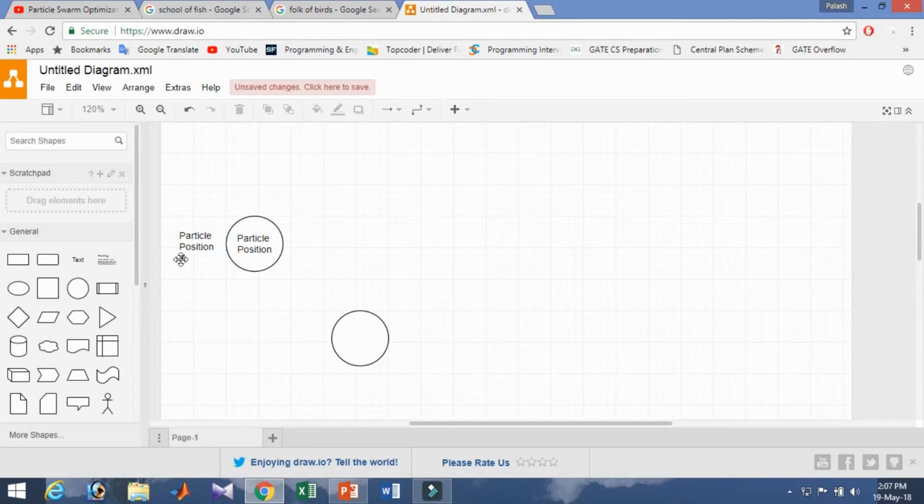Okay, we will fill in the form next time, not now. So suppose it is the particle position first. So it is the whole thing in this swarm space, and in the swarm space are the particle positions.